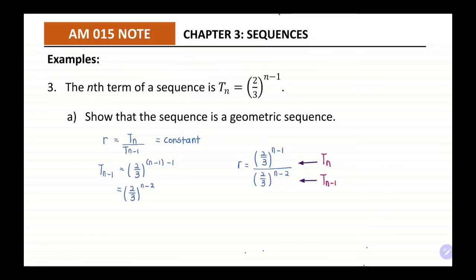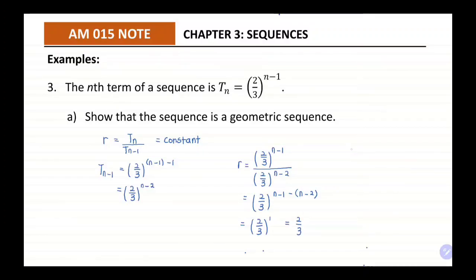Since this is the concept of index, we use the properties: if we divide with the same base, we can subtract the powers. So n minus 1 minus n minus 2. Then we solve, we get 2 over 3 to the power of n minus n cancel, negative 1 plus 2, then we get 1. So r equals 2 over 3.